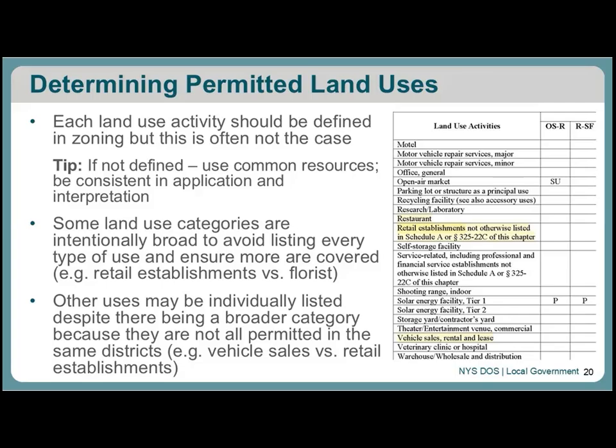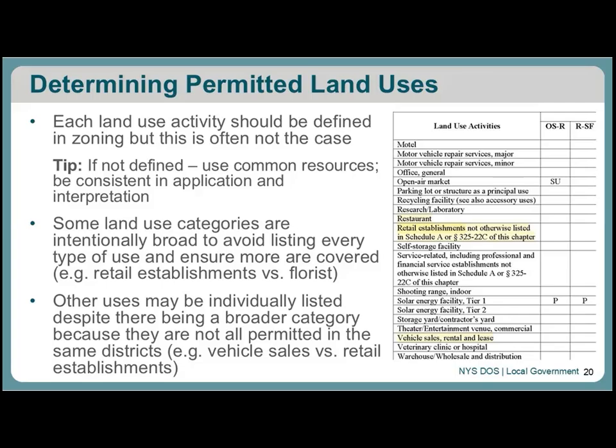And then the other thing is that some land use categories, as I mentioned before, are lumped together to avoid missing some uses that you fully intended to allow but just didn't think of that day. So you'll have a broader category of retail uses, for example, retail establishments. And that would be a catch-all for retail generally, unless a specific retail use is also listed on the table.